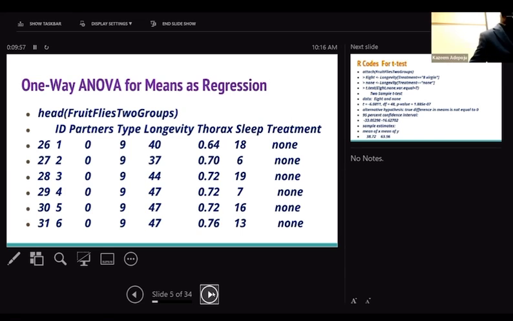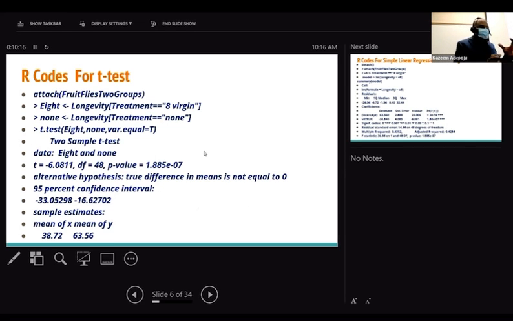We got a lot of variables here, but we are only interested in longevity and the treatment. We got five different groups. The treatment, the factor, is categorical, right? Okay. Now, you know what I want to do now? I want to compare 2 groups.